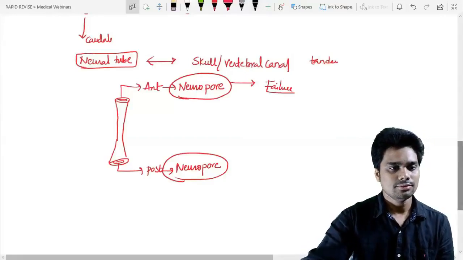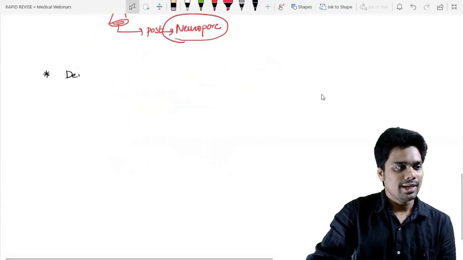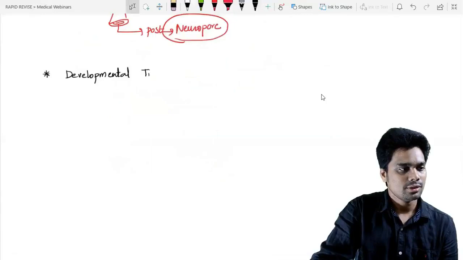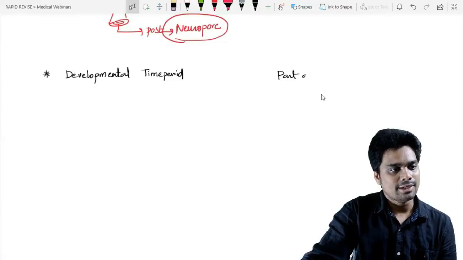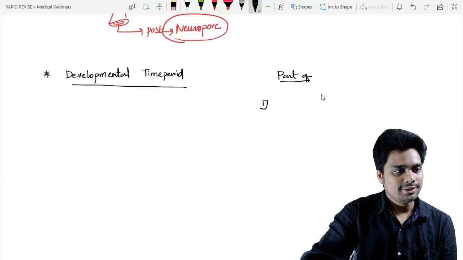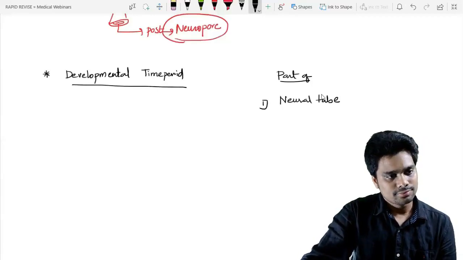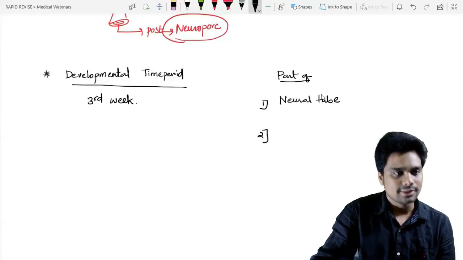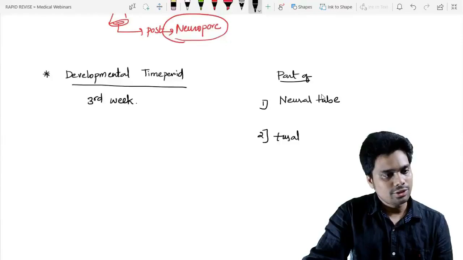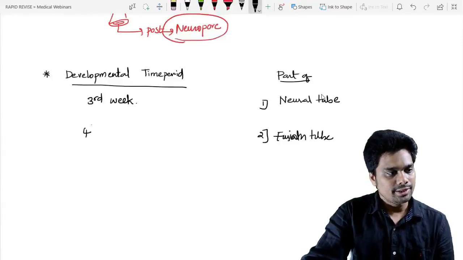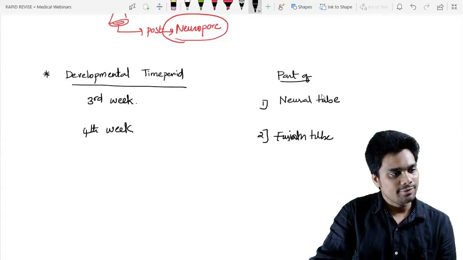So let us now write down the developmental ages of different events in formation of the neural tube. First, formation of the neural tube occurs during the third week. Then fusion of the neural tube begins at the beginning of the fourth week.